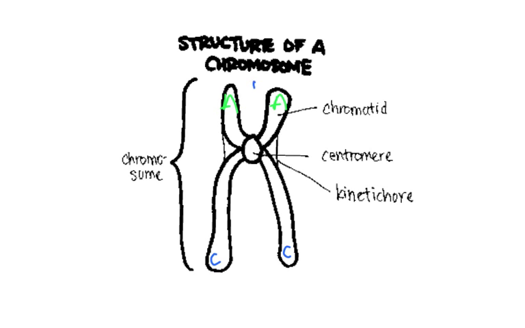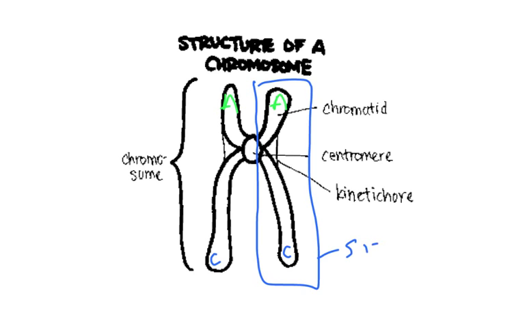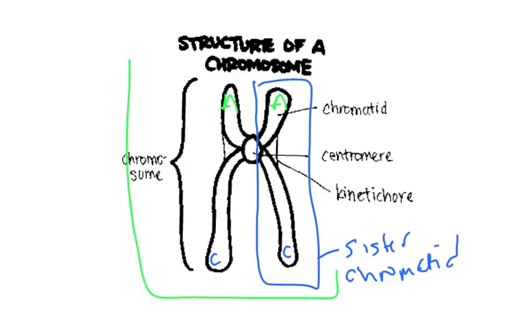So each side here is a sister chromatid. The whole thing is a chromosome, okay? And this part in the middle is the centromere. It's important to know and be able to distinguish between those different parts.